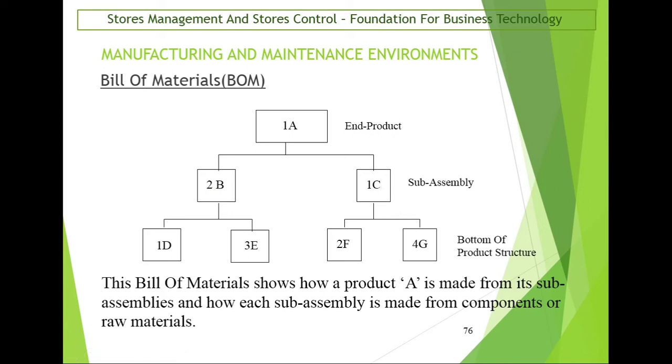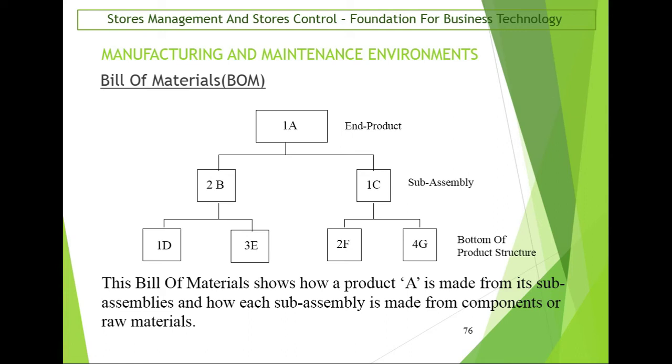So when we talk of sub-assemblies, I want you to think in terms of, say for example, a car. When you look at a car, it has got major assemblies like the engine. You can take out the engine as a whole from the vehicle, and it is a sub-assembly. But when you look at that engine, it is made of hundreds of different parts.